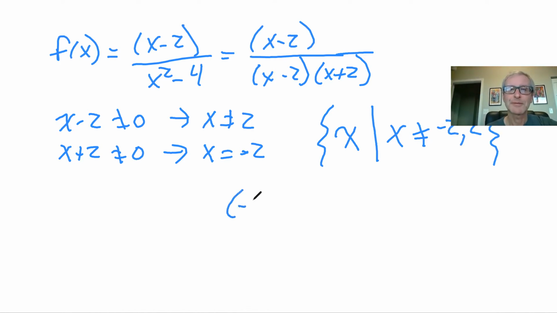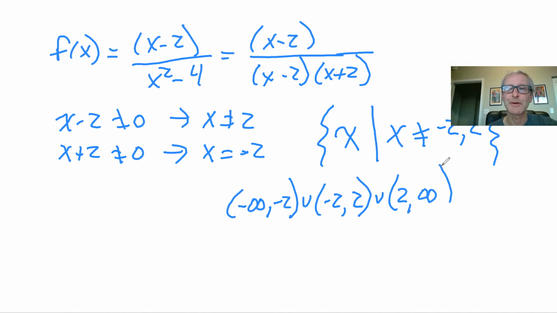The interval notation would look like this. I find this to be a better description personally, because this looks like what the number line would look like with regards to that. Hopefully so far so good.